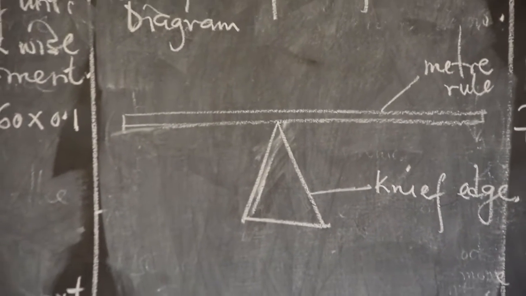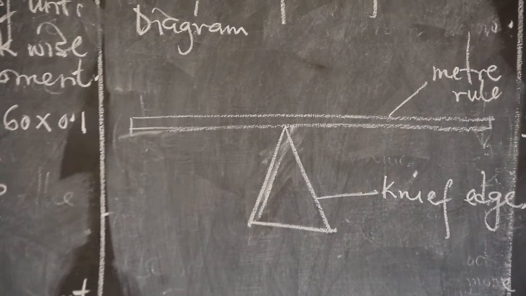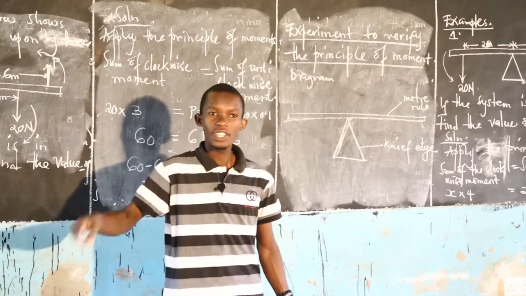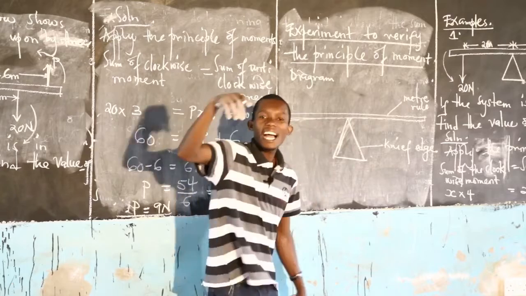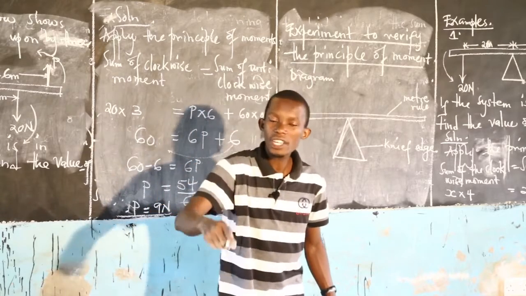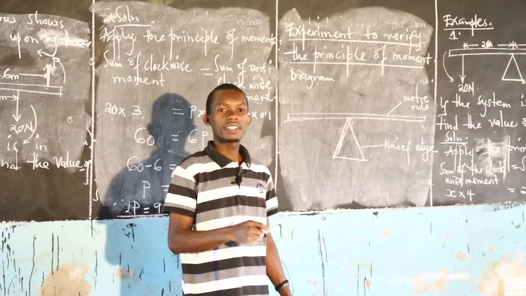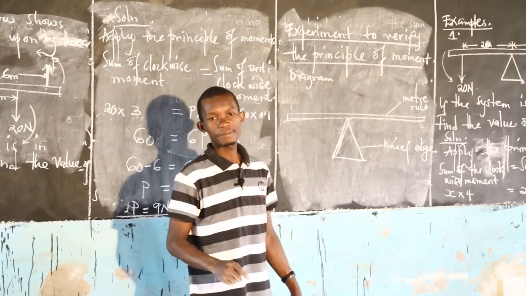W1. A known weight, W1, is suspended on one side of a meter rule, or is hanged on one side of a meter rule, as shown above.